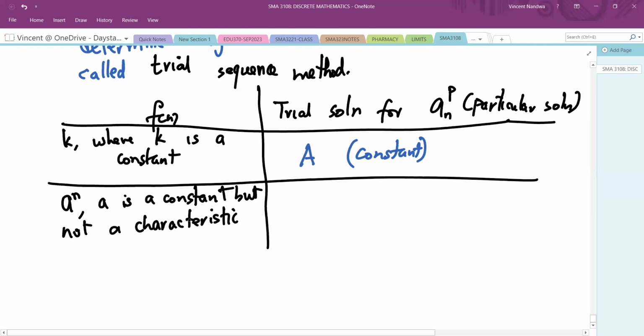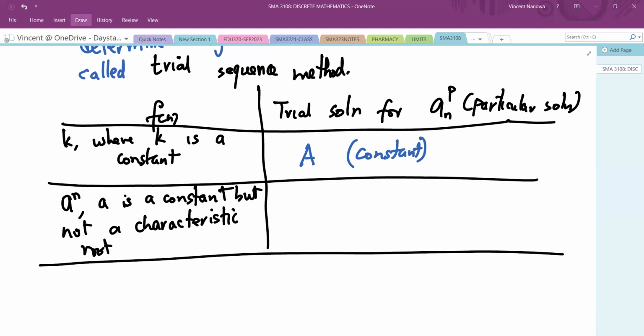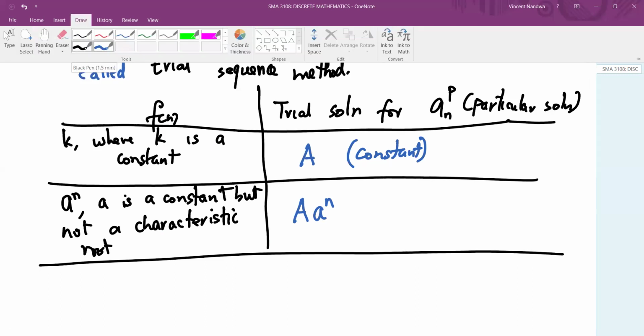Characteristic root means it's not among the roots you obtain when solving the homogeneous equation. If this is the case, then the trial solution will be a constant times a^n.